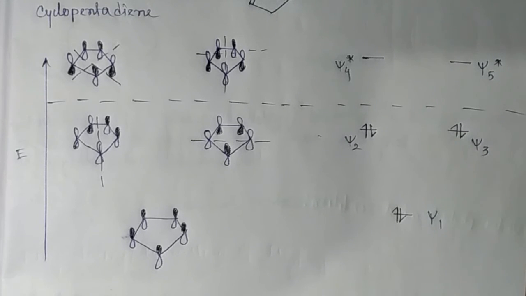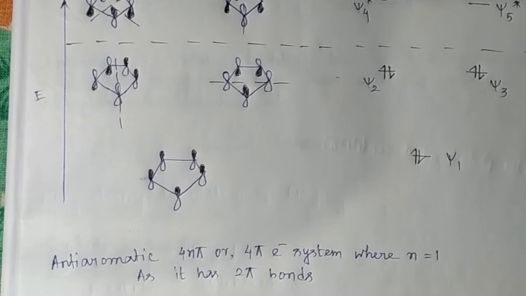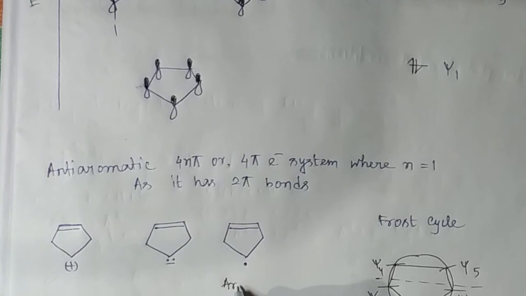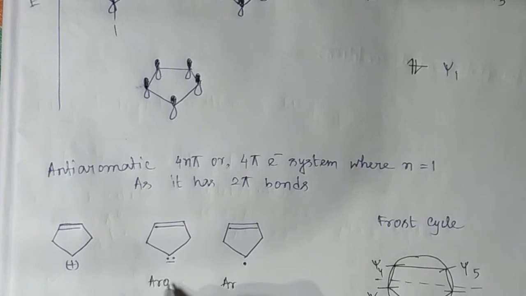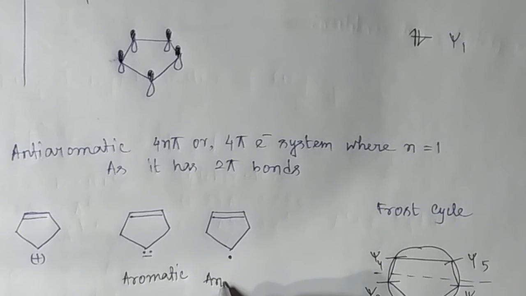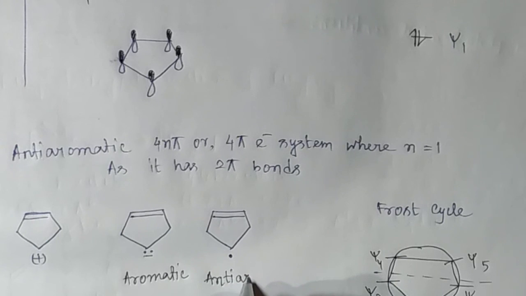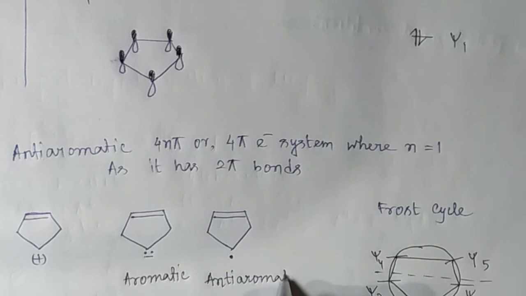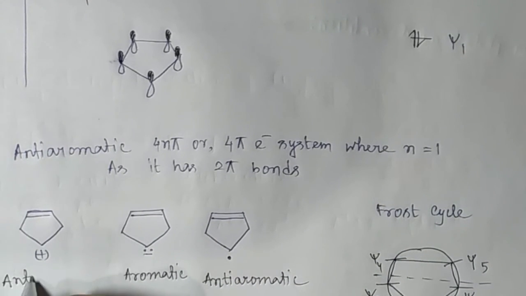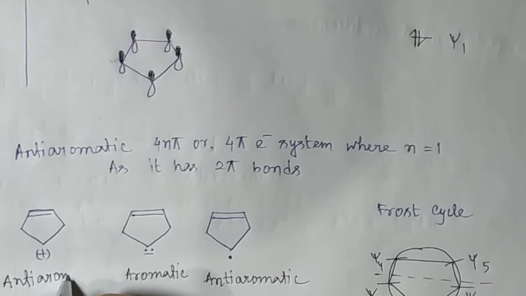That is why we can conclude that the cyclopentadienyl anion is aromatic, while this free radical is anti-aromatic, and this one is also anti-aromatic.